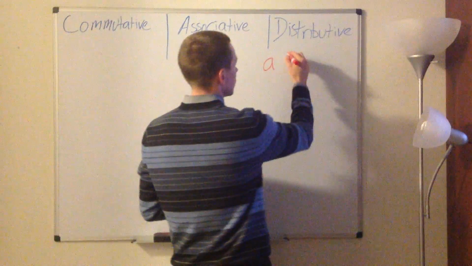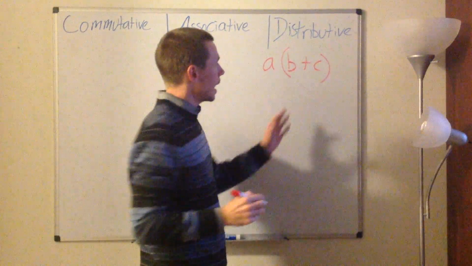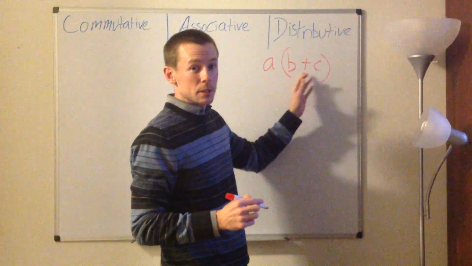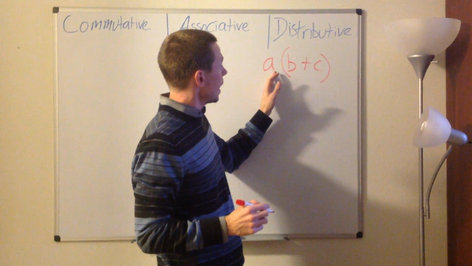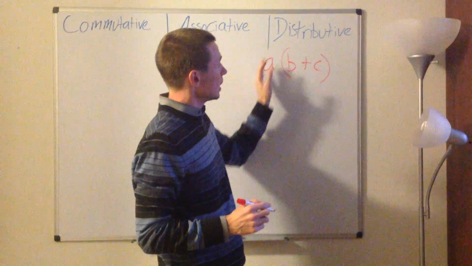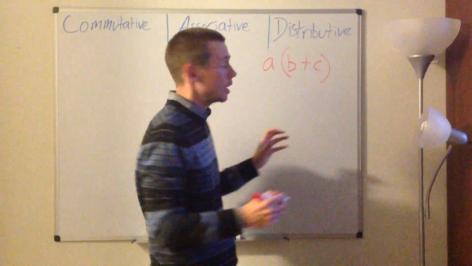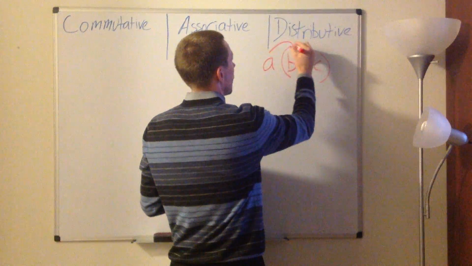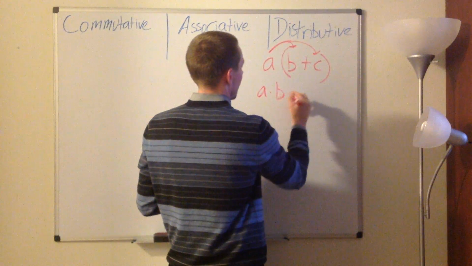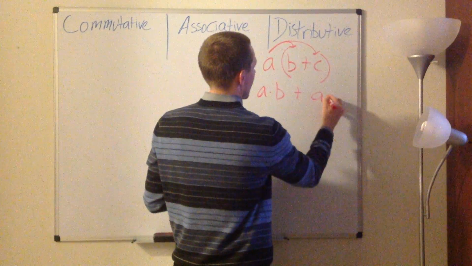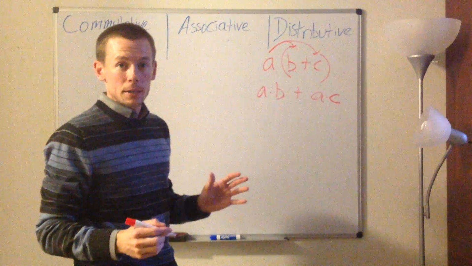And what I mean is, if we have two numbers and add them together, b plus c, what we can do is take our a and distribute it and give it to the b and also give it to the c through multiplication, and that will equal a times b plus a times c.